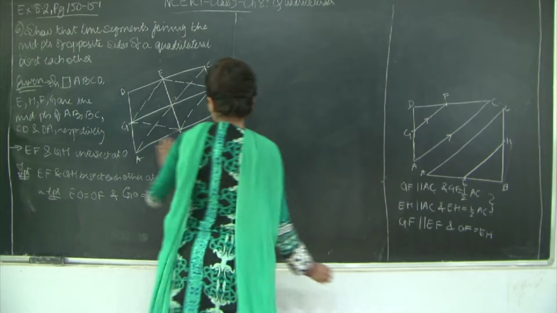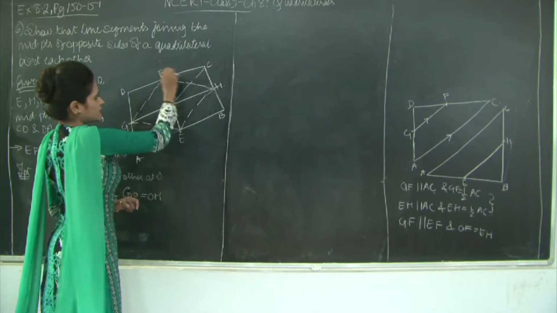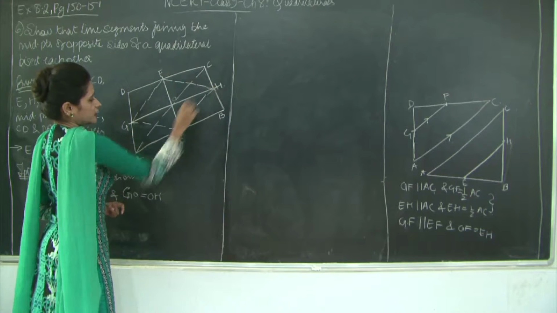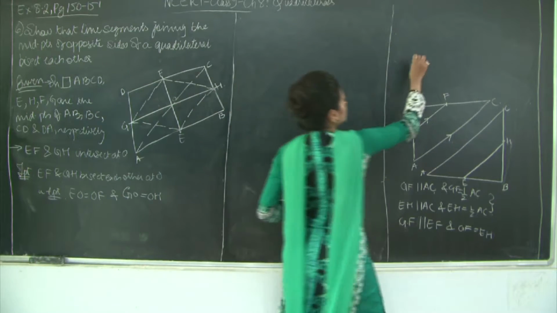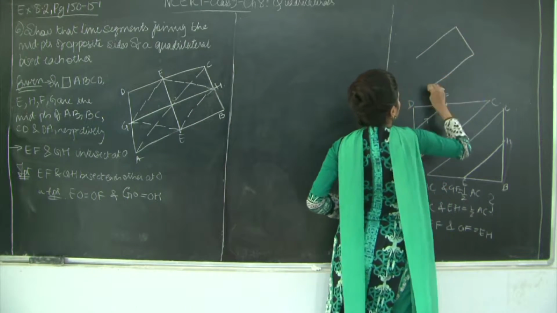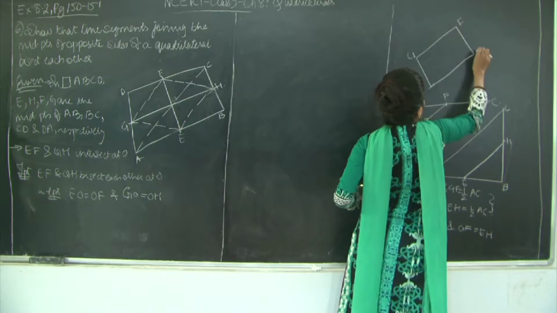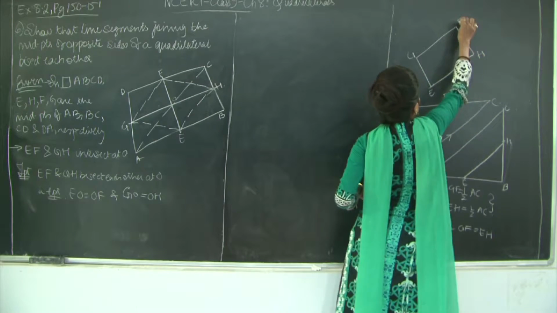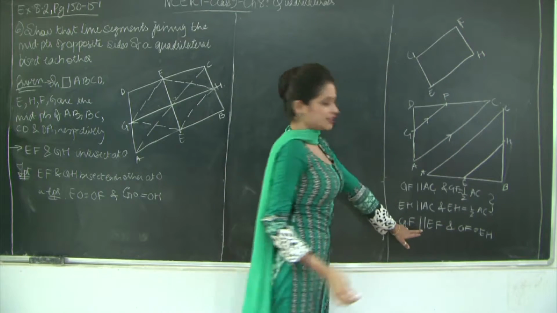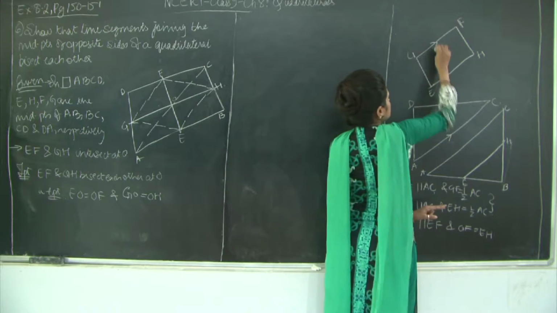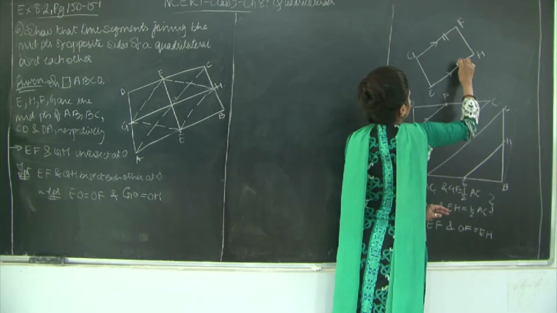Correct? Therefore, if you notice this quadrilateral GFHE, let us draw this also. We have GF parallel to EH and GF equal to EH.